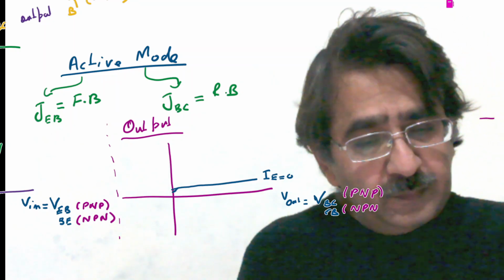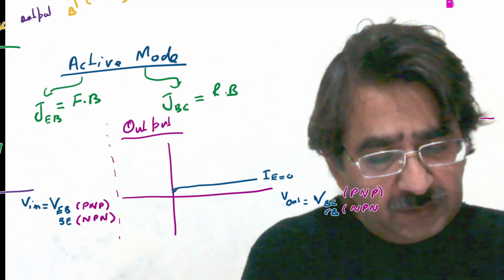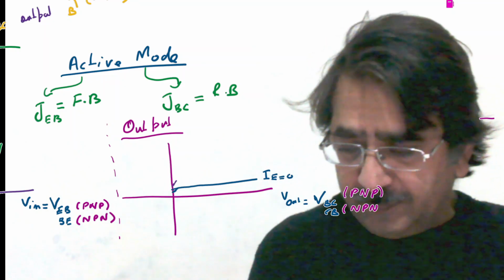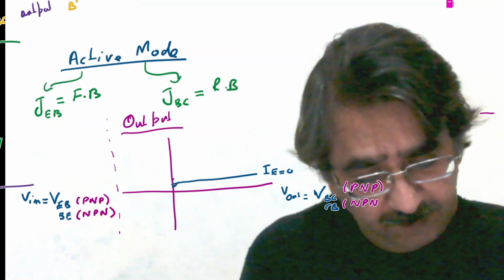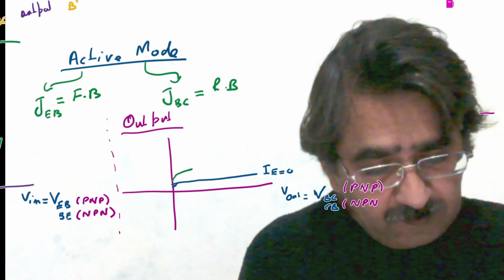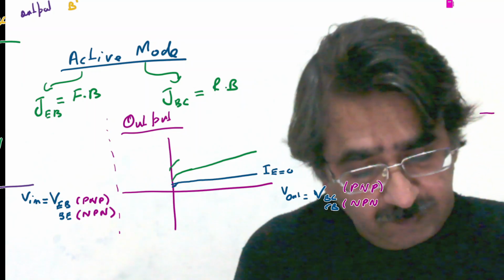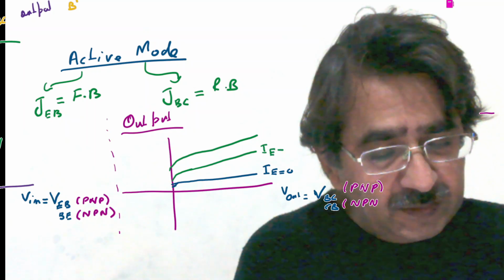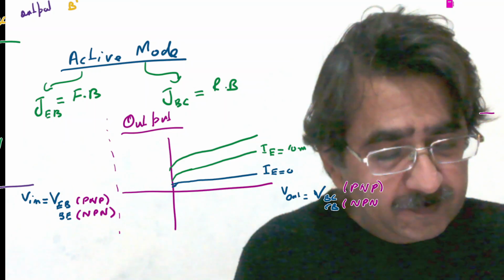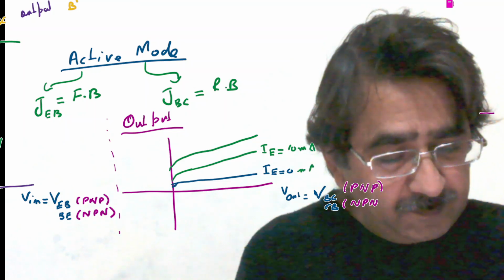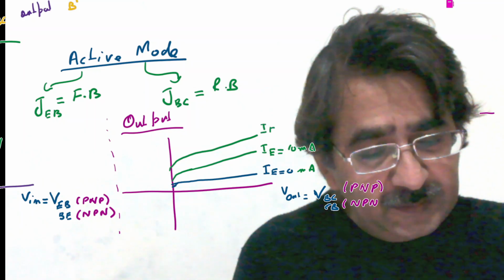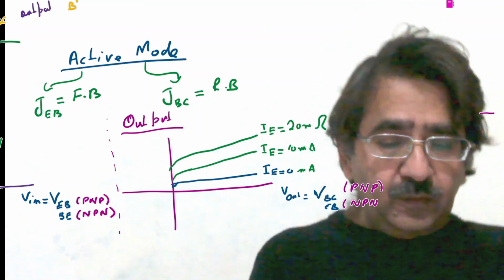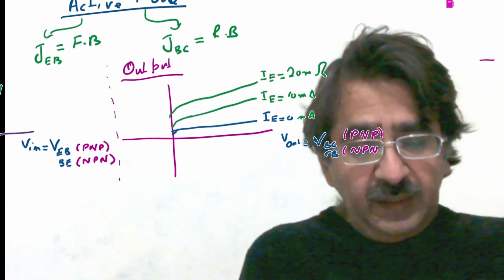Here the slope will be 0, but when the current IE is increasing, for example, if IE is 10 milliampere, then 20 milliampere, the slope will increase.